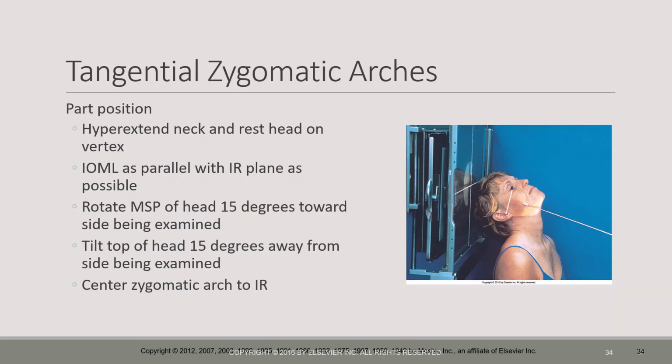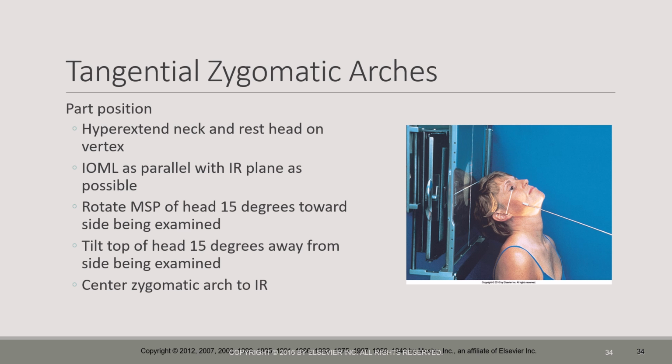For our tangential zygomatic arch, probably in this lesson the most difficult position to obtain, we're going to start out with an SMV and then we're going to rotate the mid-sagittal plane 15 degrees toward the side we want to see. Okay, hang on just a second. All right, so after turning the head toward the side we want to see, that'll make the zygomatic arch bow out just a little bit.